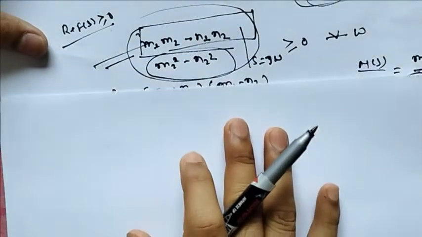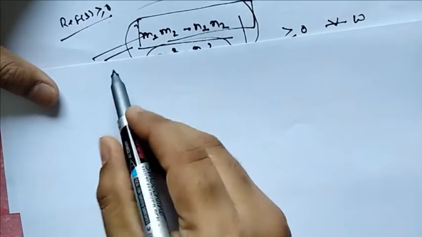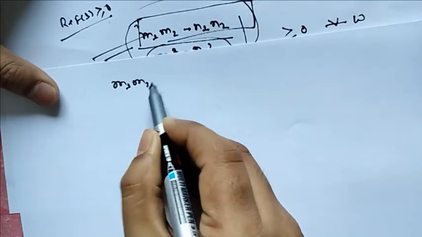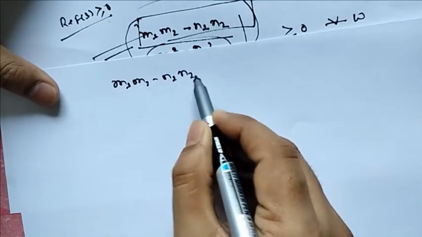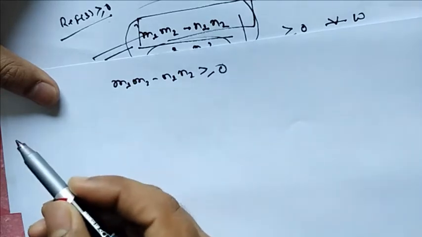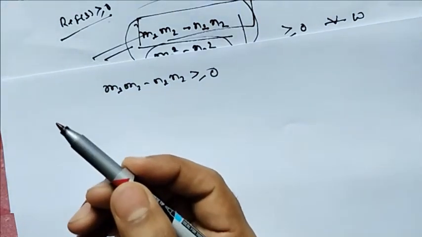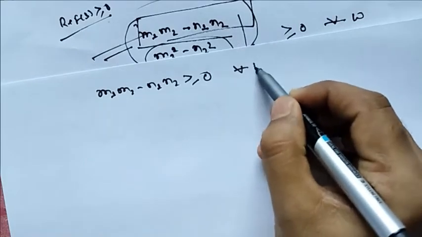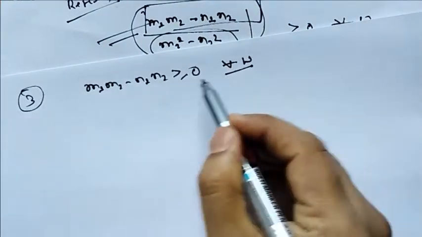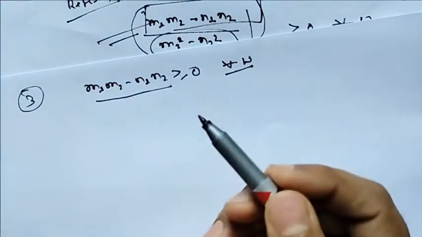Now, writing this term, m1 m2 minus n1 n2 must be greater than 0 for all omega. Then this is your third point. Then we can say this is a PRF.